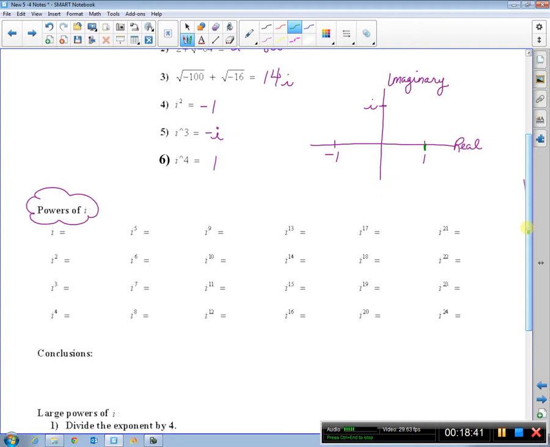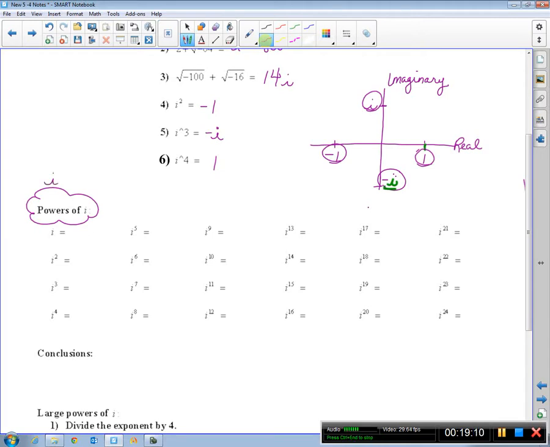Let me polish that up a bit. Okay. So we have 1, i, negative 1, negative i. These are going to be related to what we're going to do next.